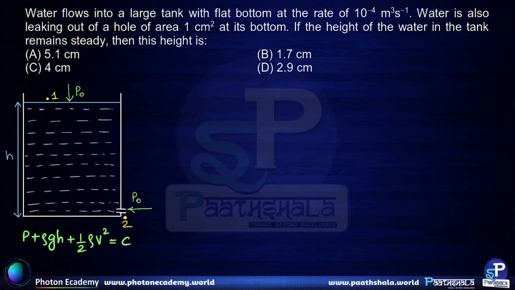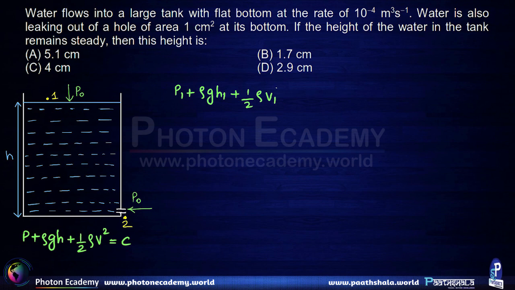So let us apply Bernoulli's theorem at points 1 and 2. This will give P1 plus ρgh1 plus half ρv1² equals P2 plus ρgh2 plus half ρv2².